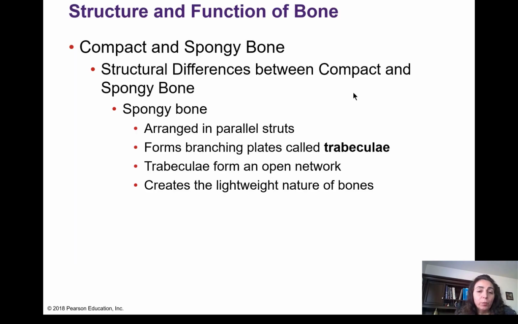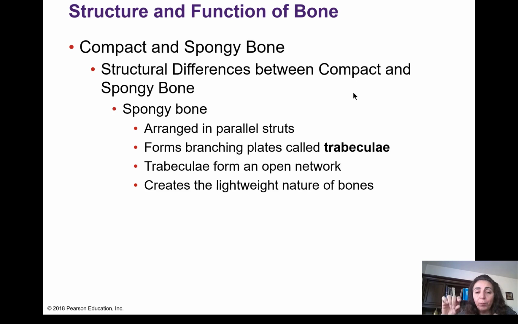Regarding the structure of spongy bone, it is arranged in parallel struts like this. You also have lamellae on those, but they are not around a central canal. In other words, we do not have a central canal in the spongy bone, so that's the first difference.